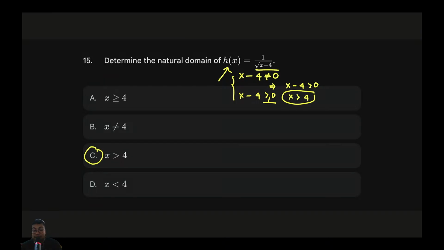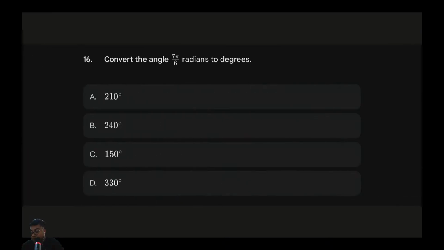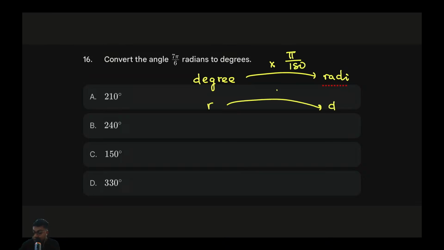For the next question, convert this radians to degrees. How to convert radians to degrees? Let me tell you how. To convert degrees to radians, we times pi over 180. But radians to degrees, we times 180 over pi.